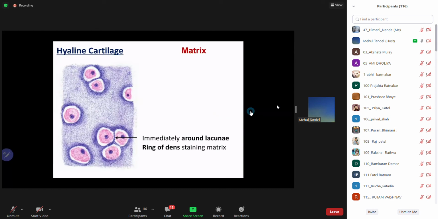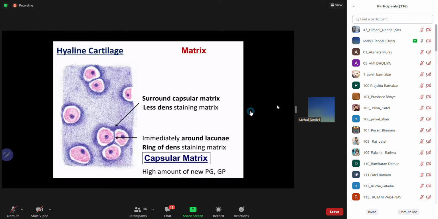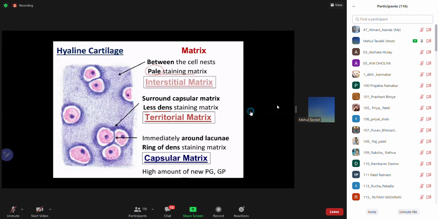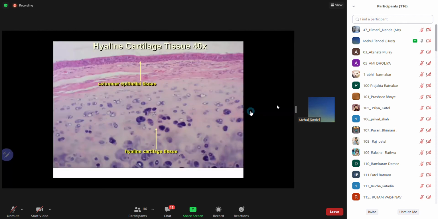Immediately around the lacunae is the capsular matrix, dark, with a high amount of newly synthesized matrix. Surrounding it, less dense, is the territorial matrix, and between the cell nests is pale staining interstitial matrix. These are the features of hyaline cartilage.